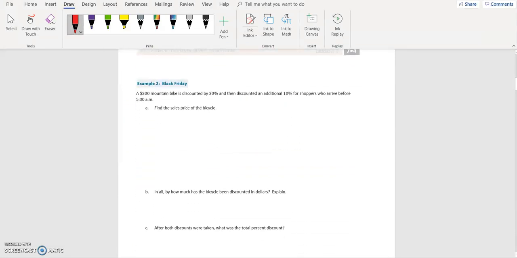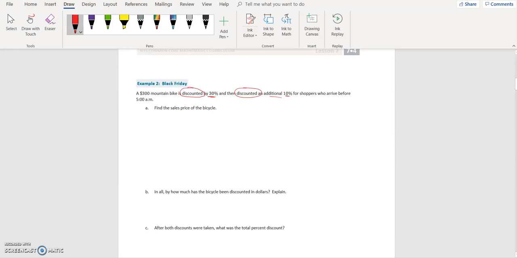Example number 2: a $300 mountain bike is discounted, which means it's taken off by 30%, and then discounted an additional 10% for shoppers who arrive before 5 a.m. Find the sales price of the bicycle.